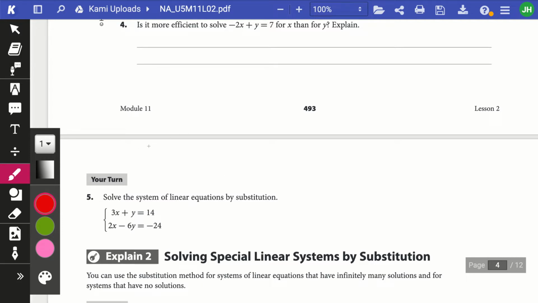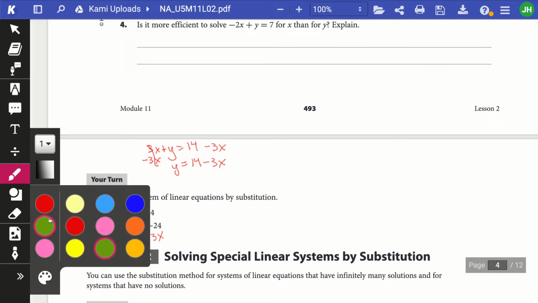We want to get y by itself because y has no coefficient. How do we do that? We subtract 3x from both sides. You end up with y equals 14 minus 3x.